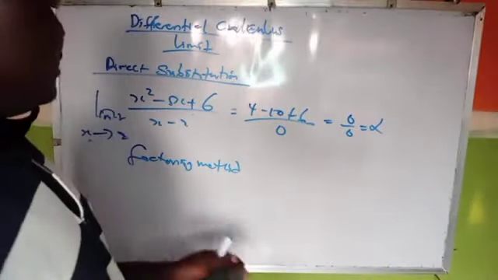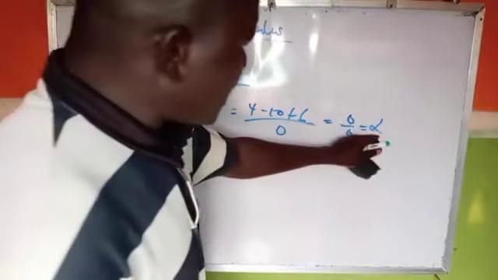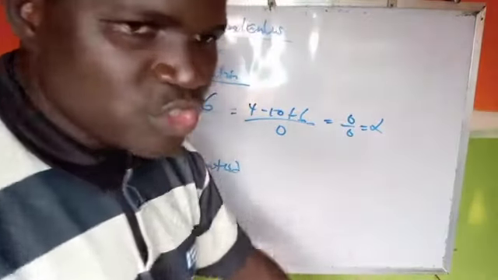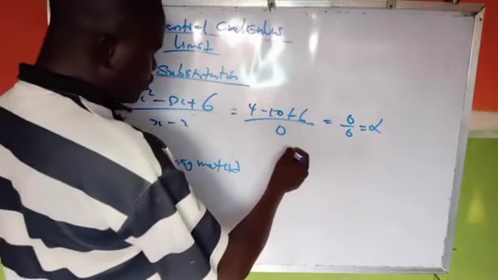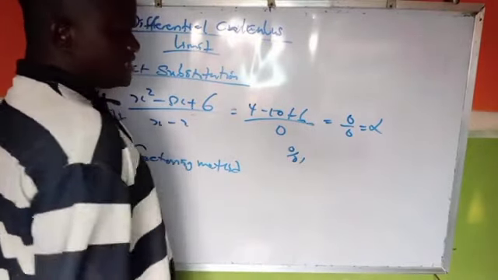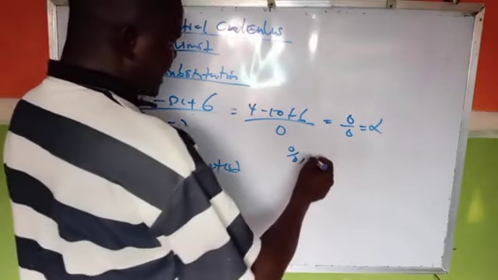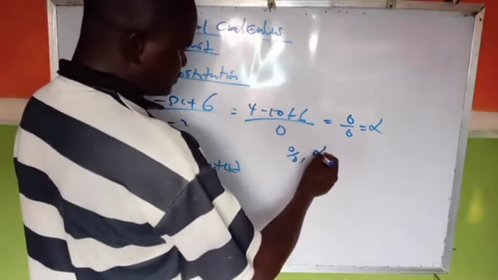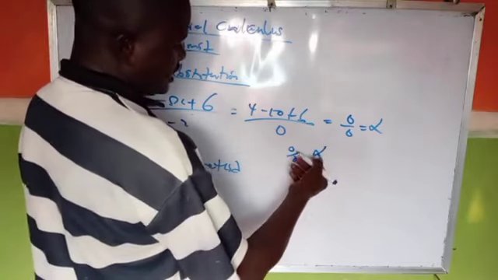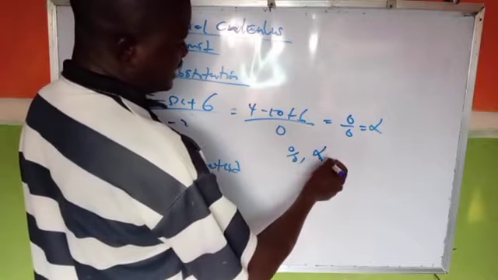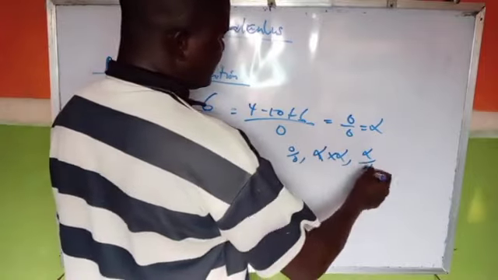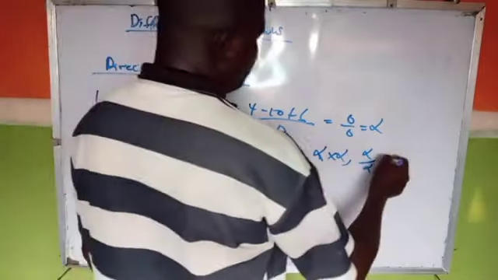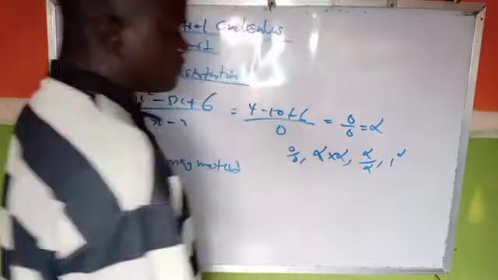Now, there are different expressions you can get that can be indeterminate. Like 0 over 0 is indeterminate, or infinity divided by infinity.